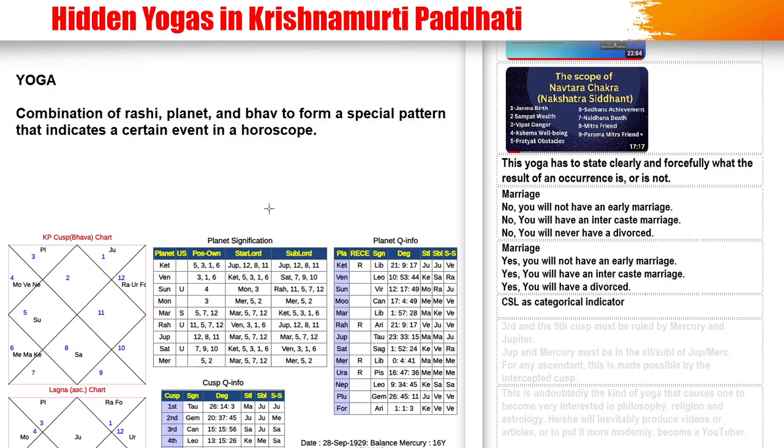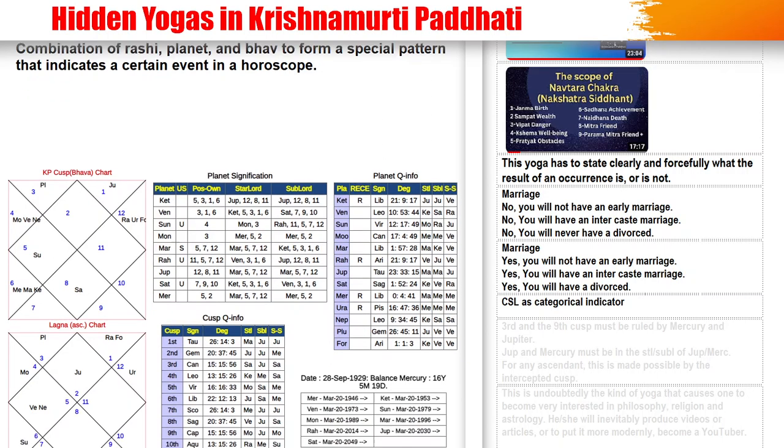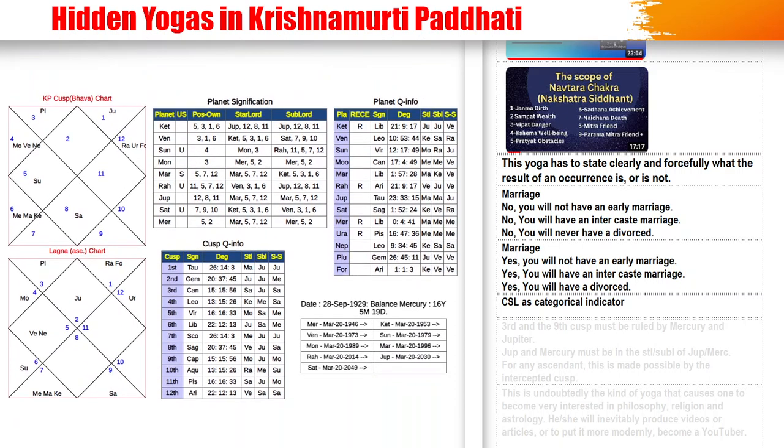And you have to expand your vision, and you have to experiment a little bit to see if some of these yogas or patterns could emerge by just using the cuspal chart and the planet signification table.